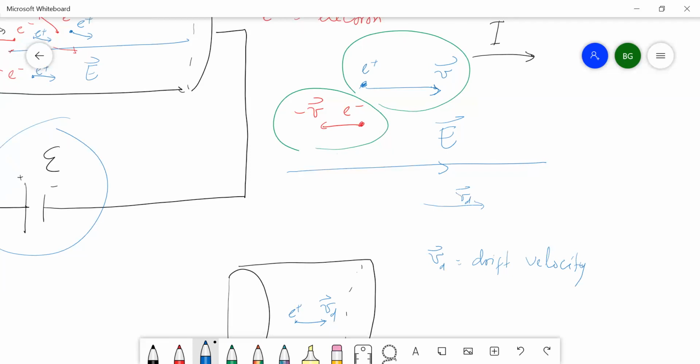This Vd. Because somehow the motion of the electrons is no longer random, but the hole moves nearly parallel to the electric field.